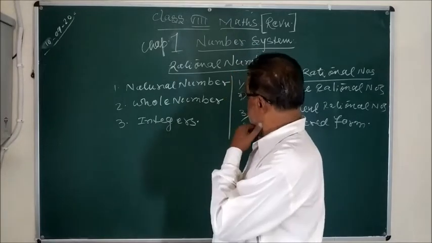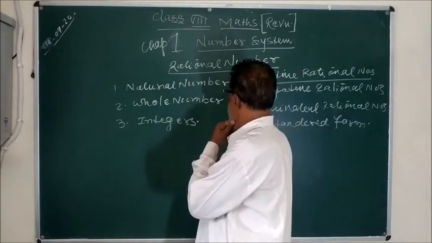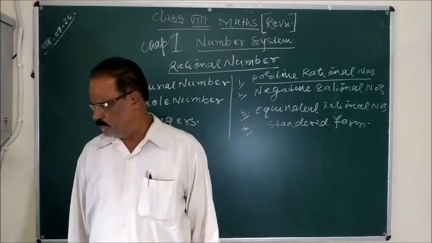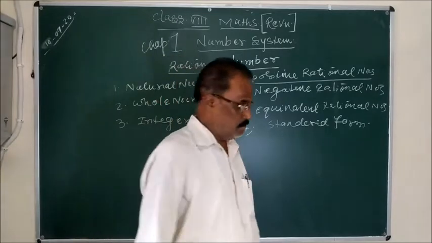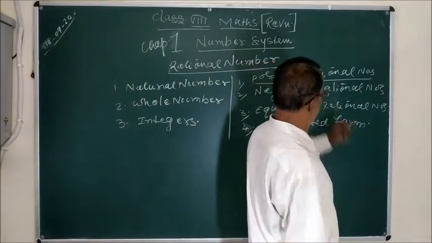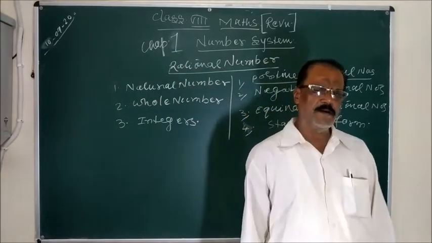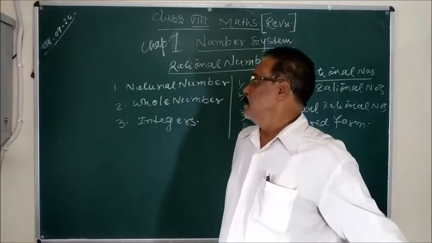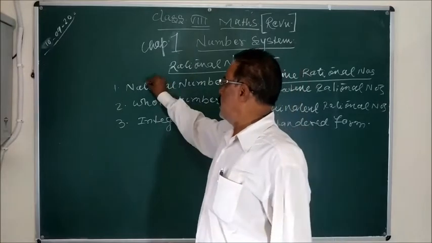Now you see chapter 1, that is number system. Number system, very complicated chapter. Many things you have to learn in this chapter. First, we should start from natural numbers.